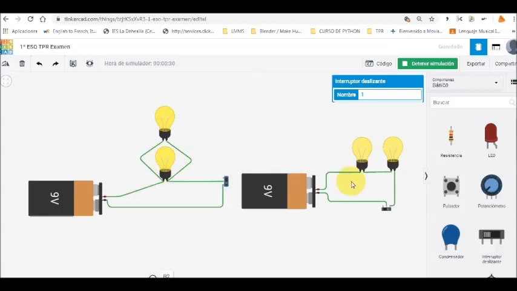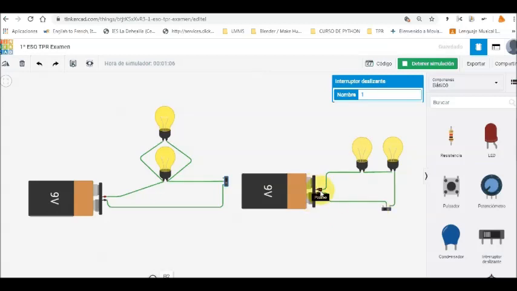The difference between these two circuits, and I explained to you this in the presentation you should have studied before taking this test. I explained to you how when you connect different components like this in parallel, like this circuit is laid out, the situation is different to when you connect both lamps in series.